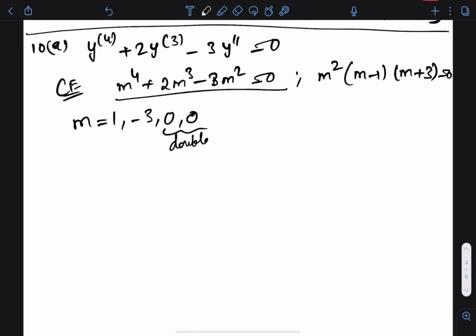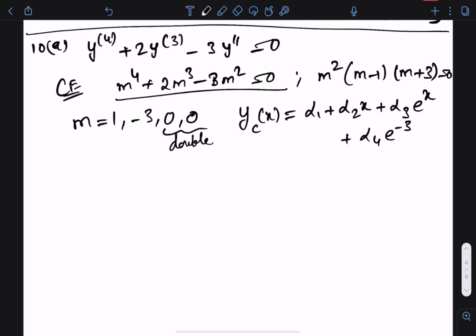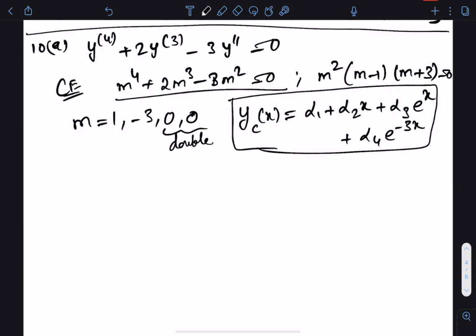So the general solution, which will be the complementary function of the given equation, is alpha 1 plus alpha 2 x from the double root 0, plus alpha 3 e power x plus alpha 4 e power minus 3x.